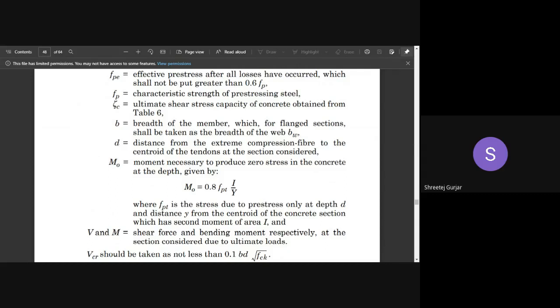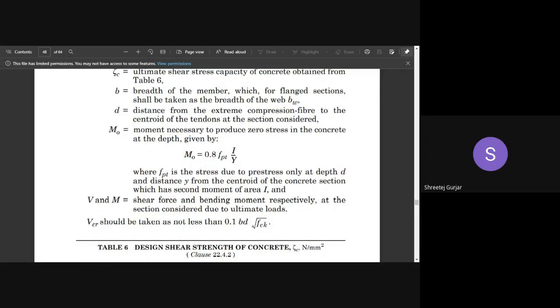This is given by the formula 0.8 fpt I by y. If you apply this M naught to your beam, it will have zero stress at that particular cross section. So this can be calculated as 0.8 fpt I by y.